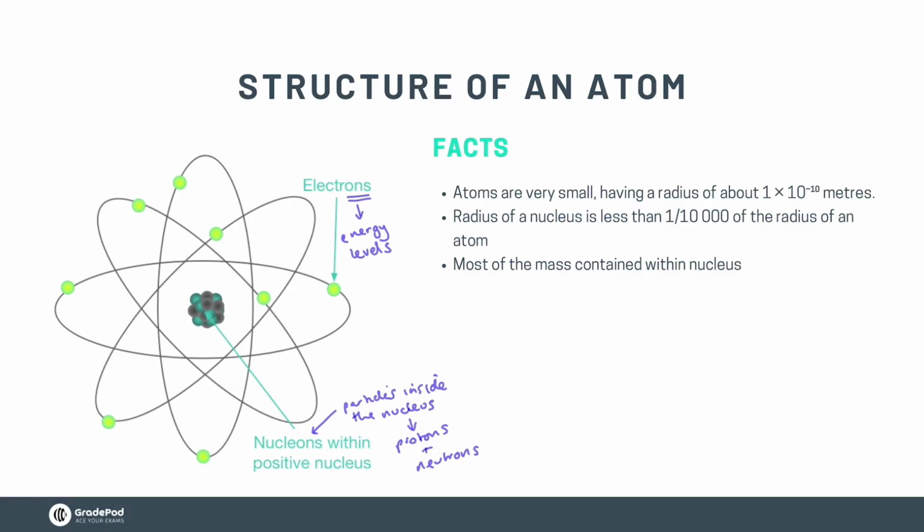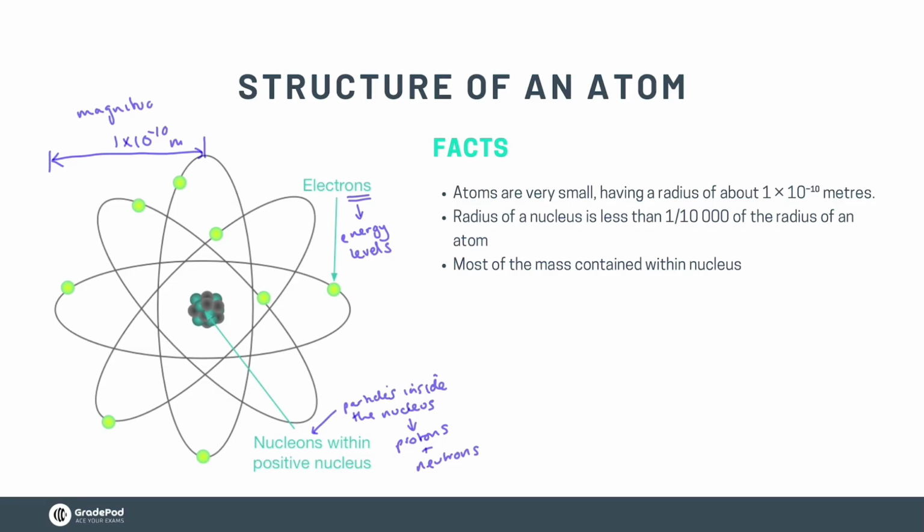This atom is extremely small. I hear you say, that's not news, Sally. But did you know they have a radius of 1 × 10⁻¹⁰ meters? That's tiny. And what we say is their magnitude is 10⁻¹⁰.